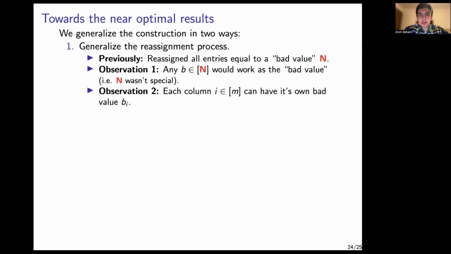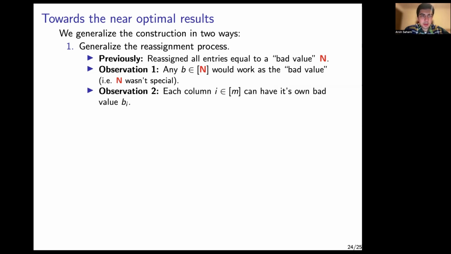We make two observations that are quite helpful. First, you could take any other level in one through big N, not just big N, and that would also work as a bad value. Secondly, which is less obvious, you could assign a specific bad value for each column.